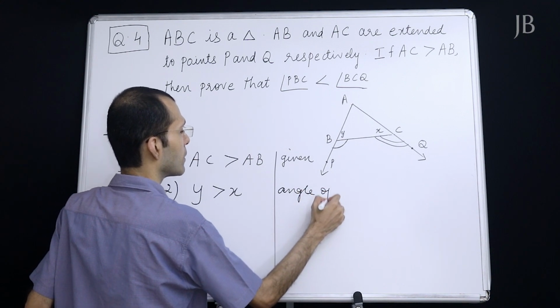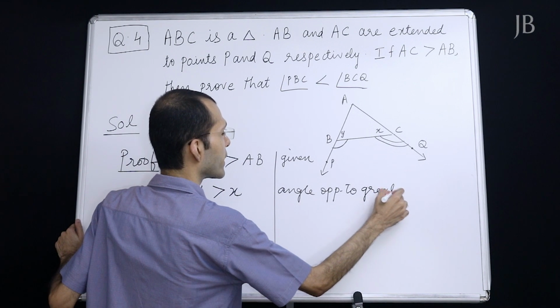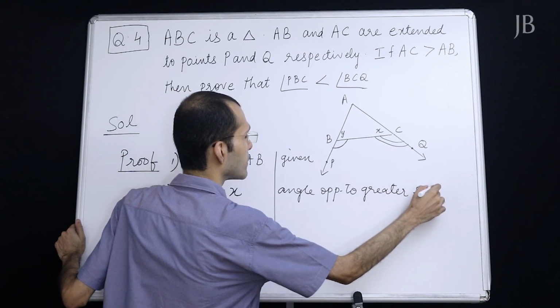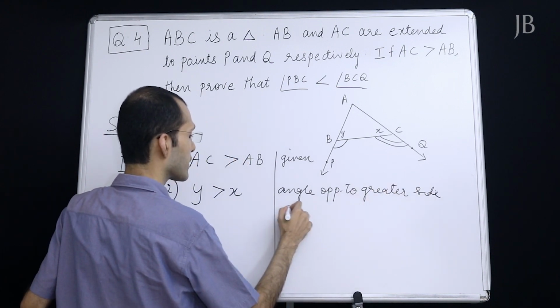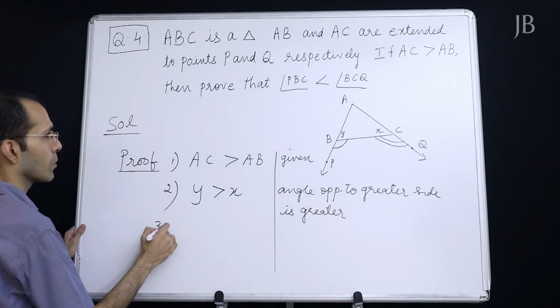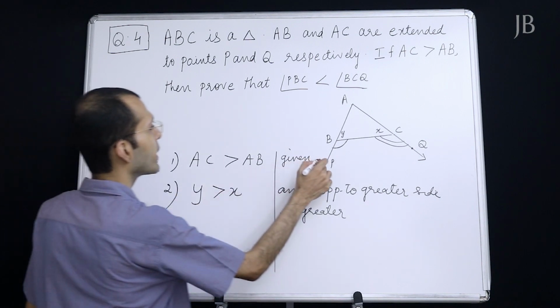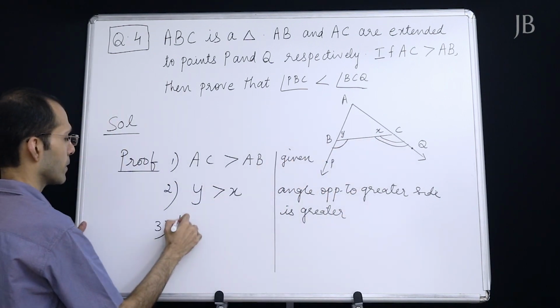Angle opposite to greater side is greater. Okay, so now Y is greater than X. Now look at angle PBC.